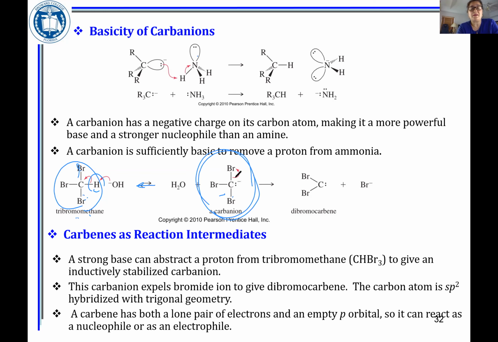How do we know carbanion is a strong base? Carbanion can remove hydrogen from ammonia. Ammonia is basic. It is a weak base, but it's basic. So if carbanion can remove hydrogen from a basic compound like ammonia, that means it's a strong base. That is the proof that this is a strong base.